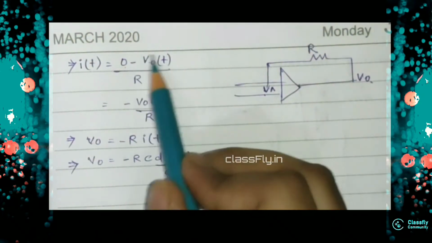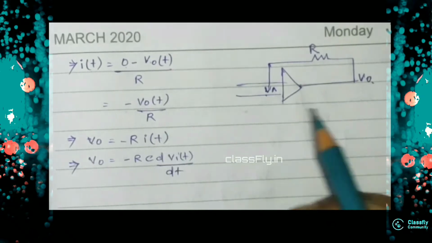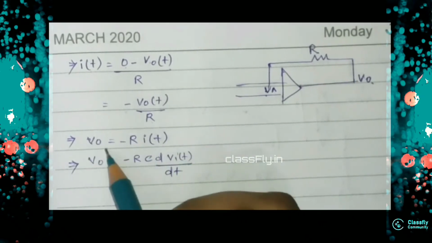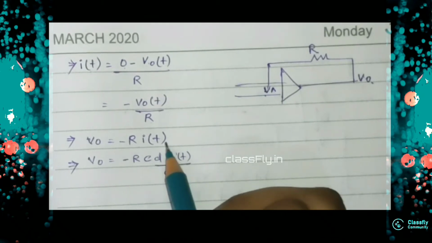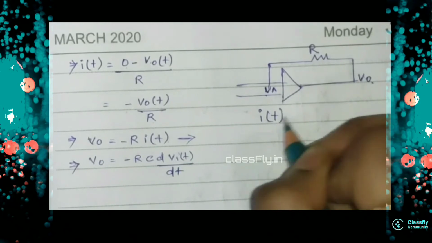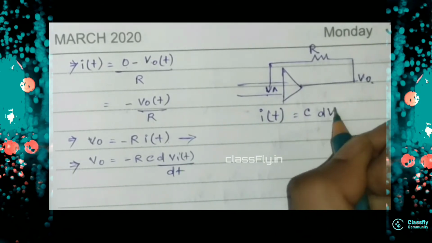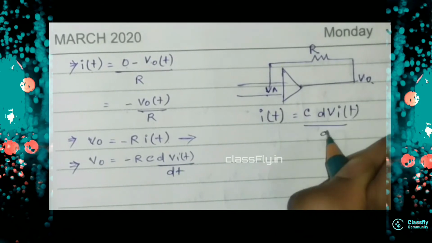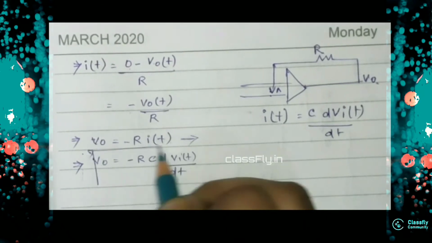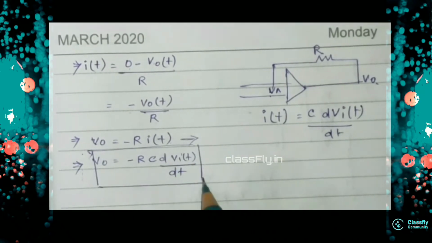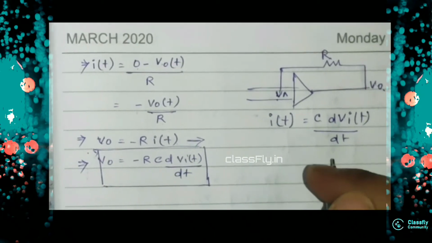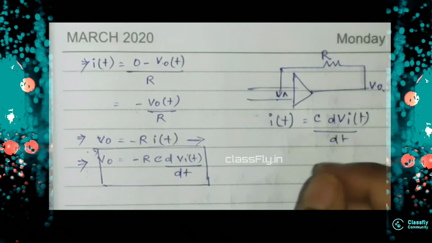So when I solve this, I get minus V0(t) by R. So when I solve it, I get V0 equal to minus R I(t). I have already solved that I(t) is equal to C dVi(t) by dt. And this equation is similar to the one which we have already solved. So you can do any of these parts, or you can do both of them in your examination.